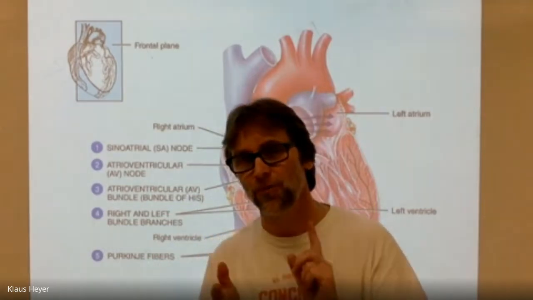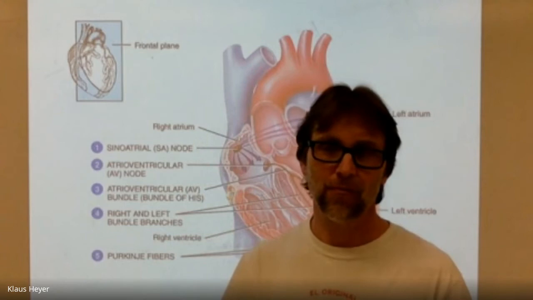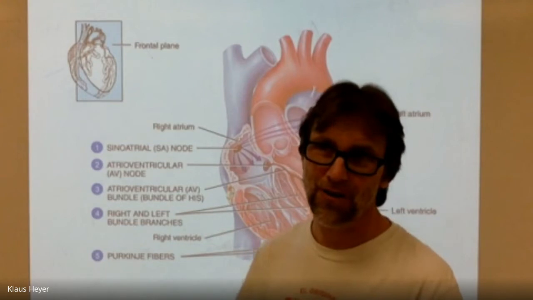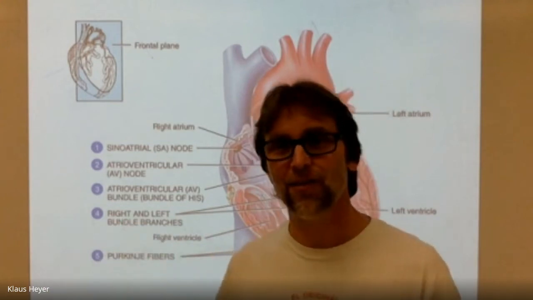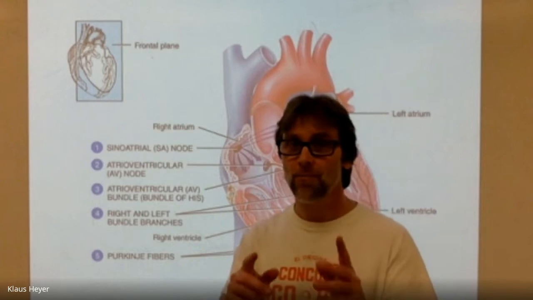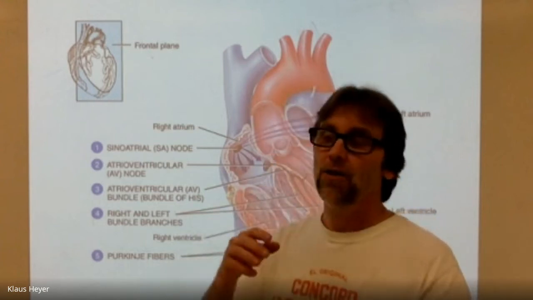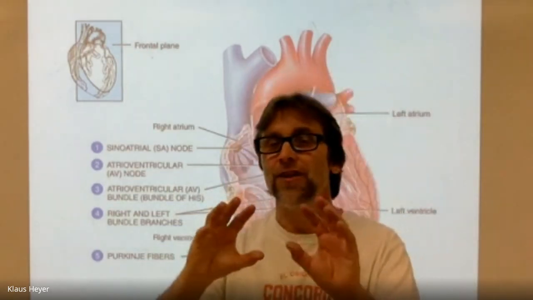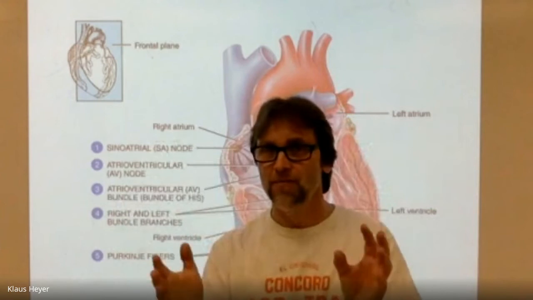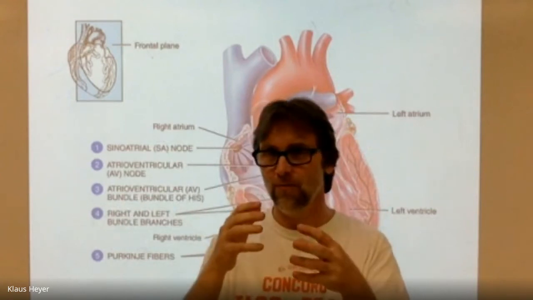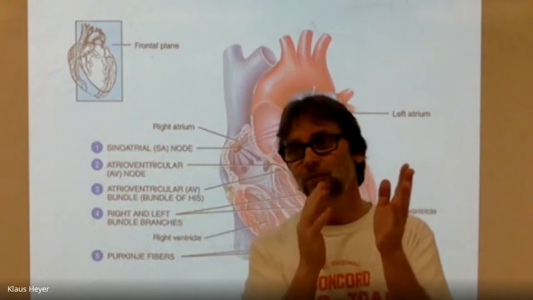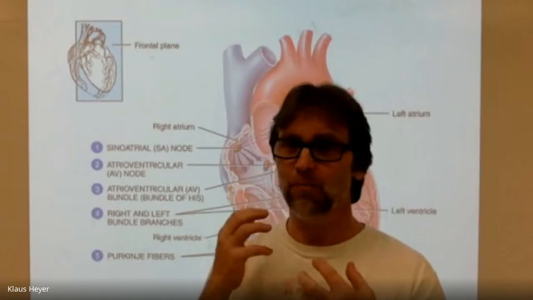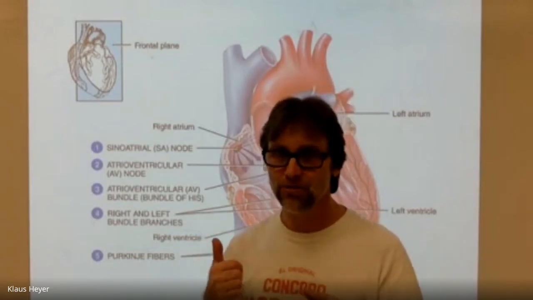Right atrium, tricuspid, right ventricle, whatever's after that, pulmonary valve, pulmonary trunk, pulmonary arteries, pulmonary veins, and then back into the left side. But remember, the blood's leaving both sides of the heart at the same time. I'm only describing one side at a time, but really both sides are pumping blood out to two different places.